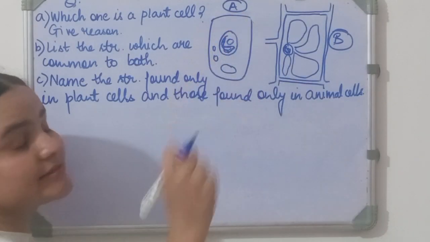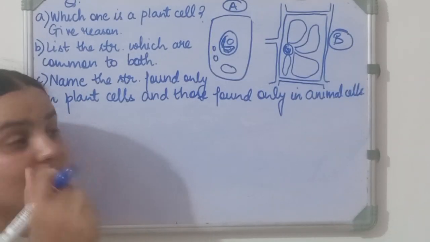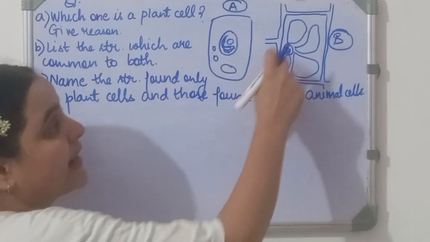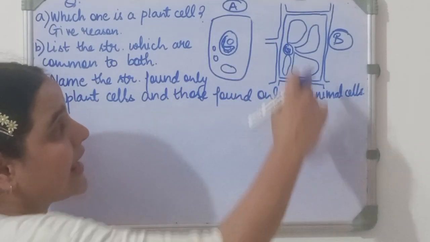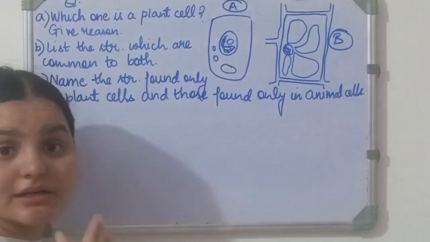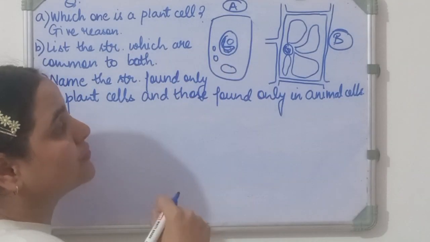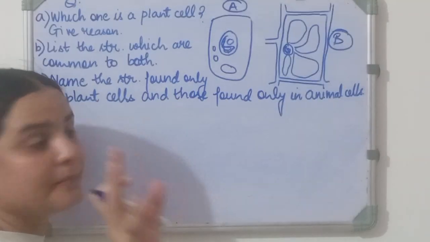In A, we can see just one single layer. In B, we can see two layers. Here we can see small vacuoles, and here we can see large vacuoles. And here is a fixed rectangular shape. So, what can we conclude? We can conclude that this figure B is a plant cell.